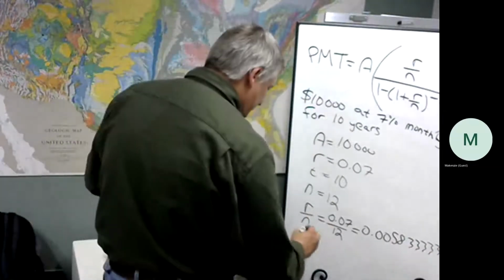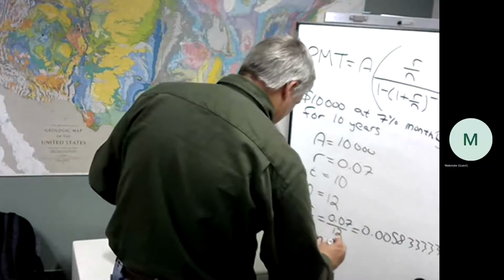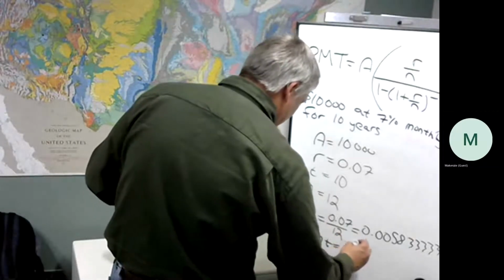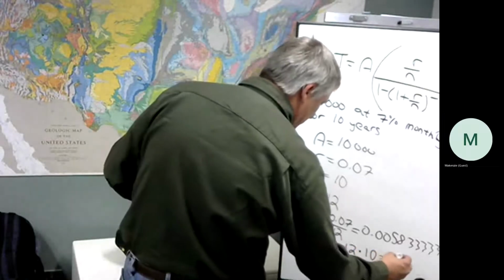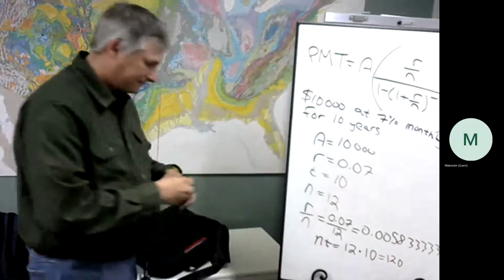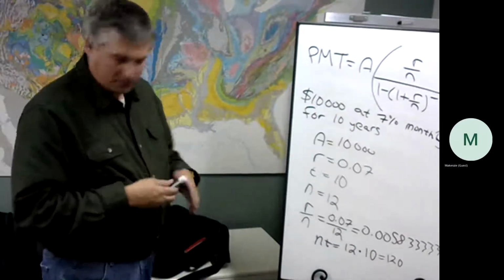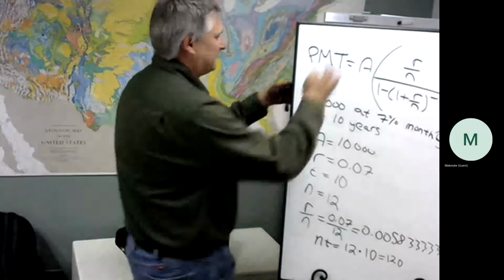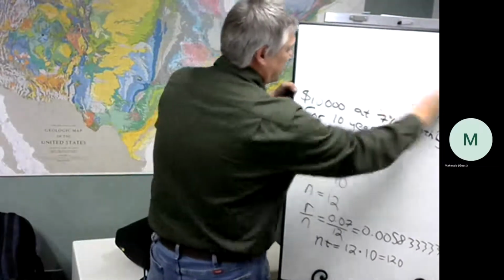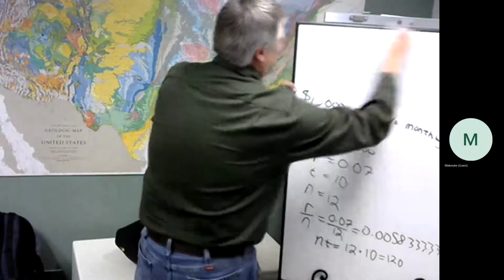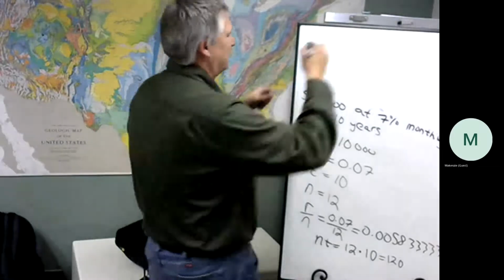And then NT, that's going to be 12. We're going for 10 years, or 120. So we're going to put all this together. And again, this could be kind of a tedious calculation, but do your steps carefully.